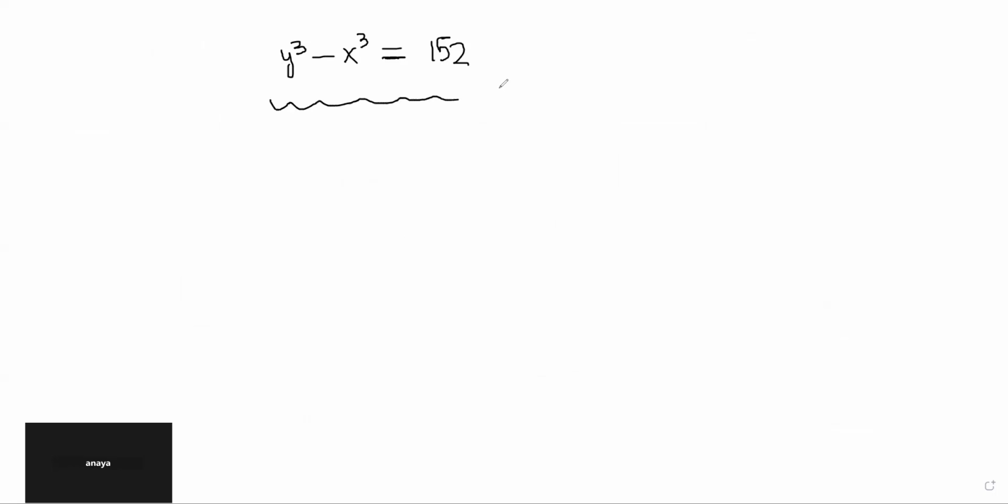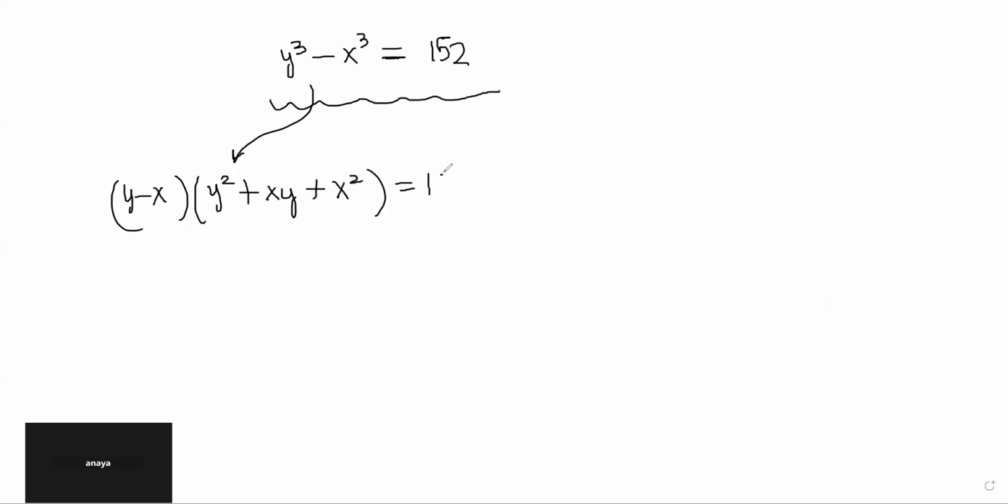What was the general thing we did? We factorized it like this. And then from here we said y minus x is a divisor of 152, right? That is one fact.